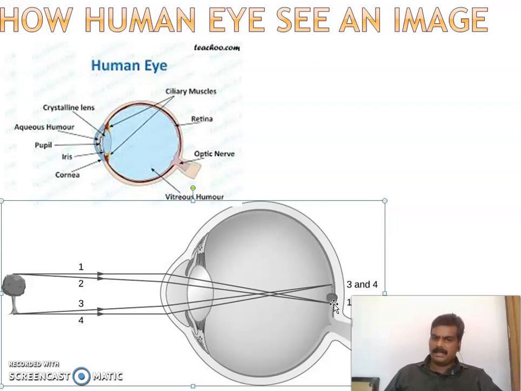So the human eye always sees an object in an inverted fashion, but the brain converts this inverted image to an upright image.